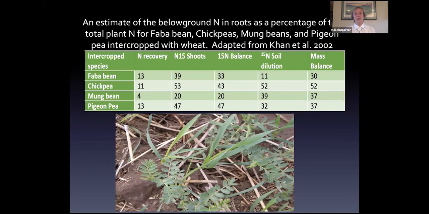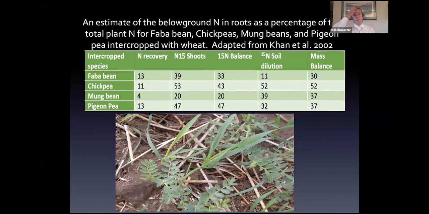So this is kind of how it works when they're intercropped. And the only thing you need to really look at is that not all your legumes perform the same. So chickpeas, you really had a lot of nitrogen in the percent.